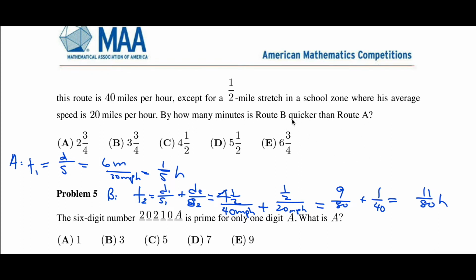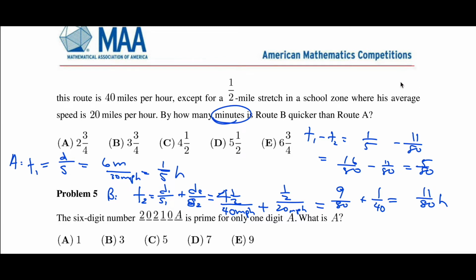Okay, now we need to know how many minutes Route B is quicker than Route A. So we need to do T1 minus T2, which is 1/5 minus 11/80th. And that will be 16 over 80 minus 11 over 80, which is 5/80ths. But now it asks how many minutes.